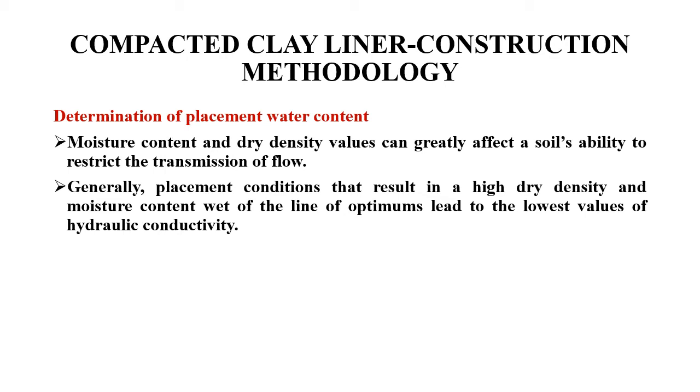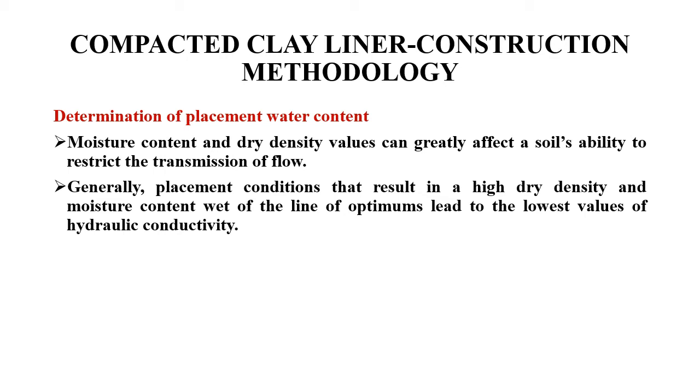Whatever clay material we use, we have to compact it properly. So if we are going to make a compacted clay liner of 1 meter thickness, we are not going to make that 1 meter at a single stretch. We will be making it in lifts, or small layers of small thickness, and then build up to the entire height of 1 meter of clay liner.